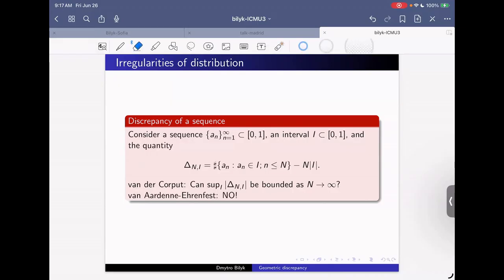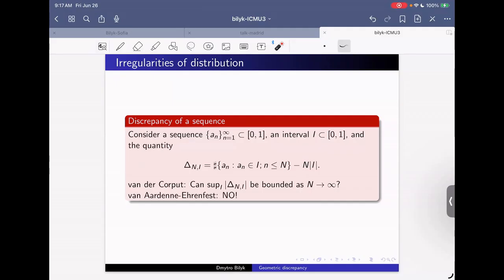I think in the 1940s, van Aardenne-Ehrenfest proved that it is actually impossible, that the discrepancy has to be unbounded. So this unnormalized discrepancy, in this formulation, it has to be unbounded. Okay, so the rate of convergence cannot be 1 over n.